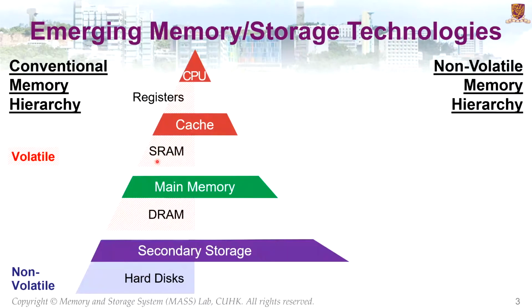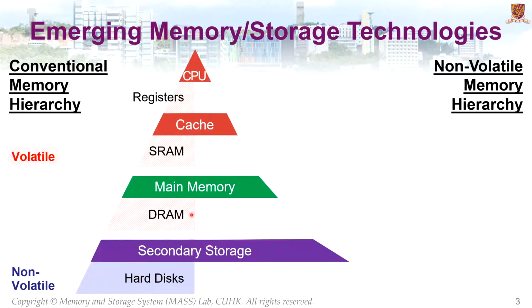Just like we have flip-flops as the CPU registers, static random access memory for the CPU cache, and dynamic random access memory for the main memory. For the permanent secondary storage, I believe the hard disk has dominated this market for many decades.